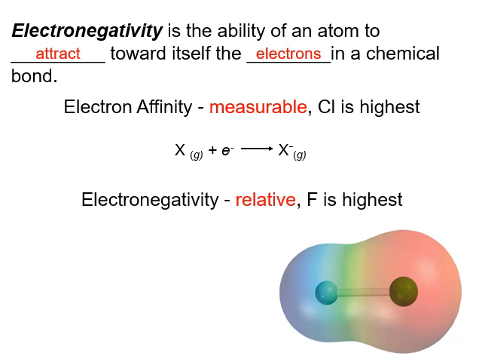So we compare bond moments. Bond moments have been determined by these measurements, and it was determined that fluorine has the highest electronegativity by creating larger bond moments than chlorine does.